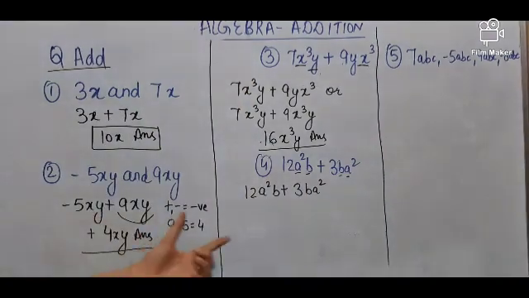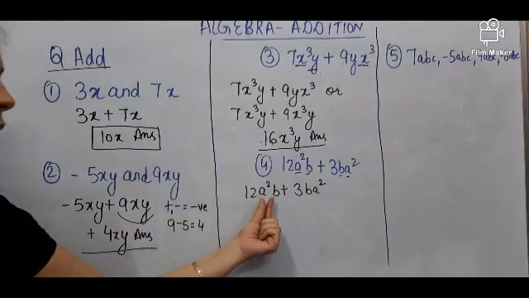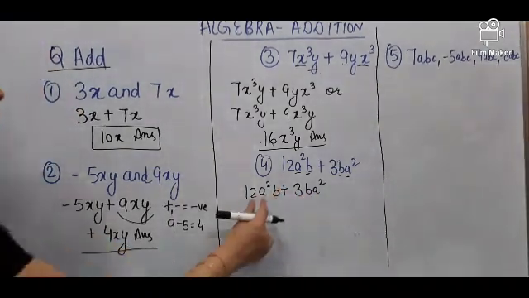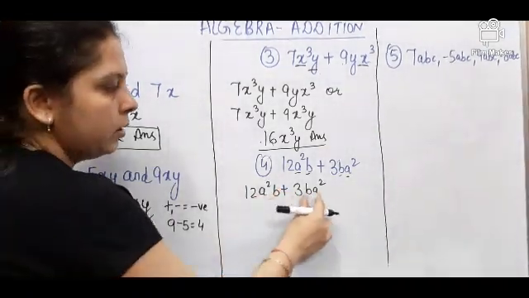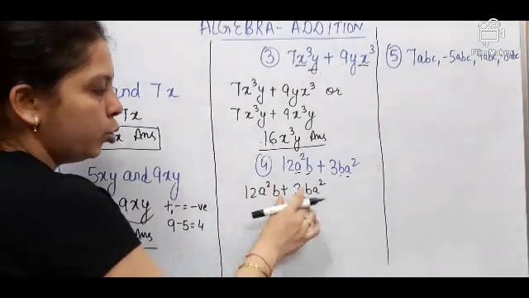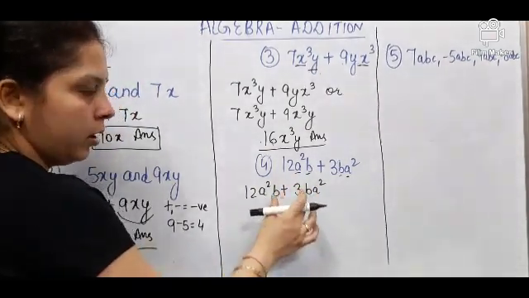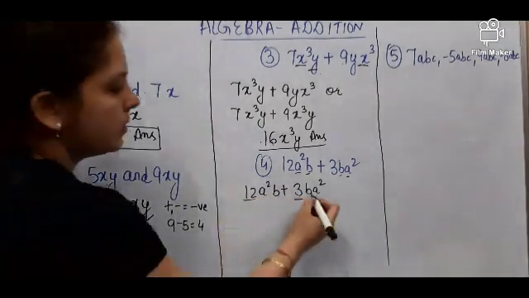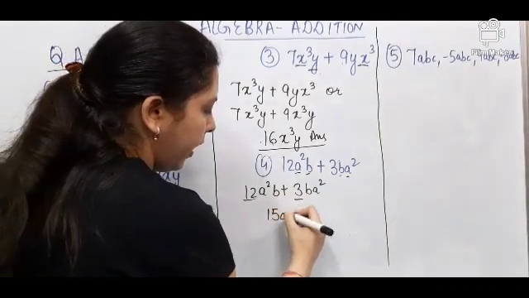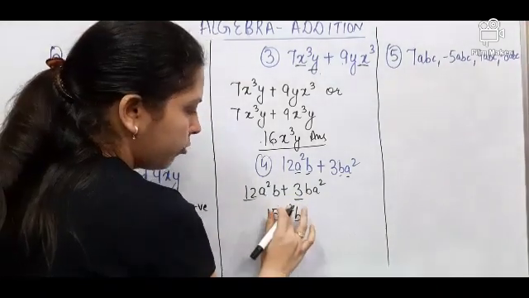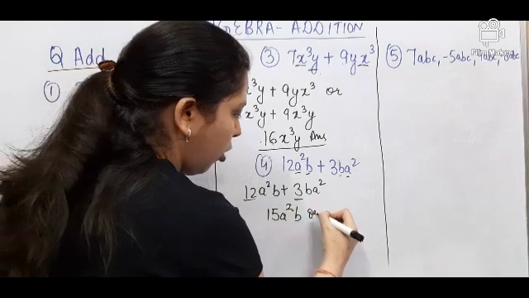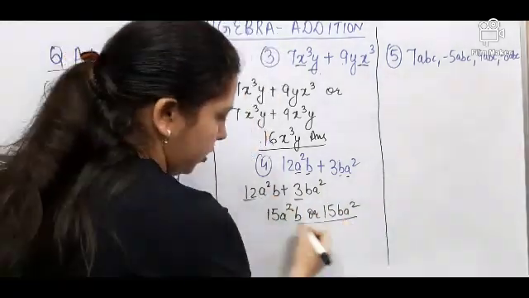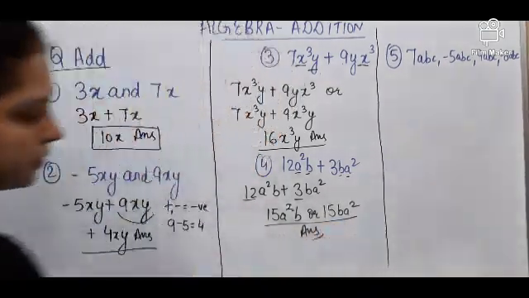You compare the variables and find that both have the same variables, so you can just add these. 12 plus 3 is 15, and you can write your answer as 15a square b, or as 15b a square. Both answers are considered the same.